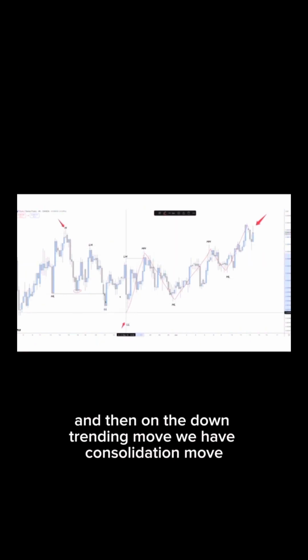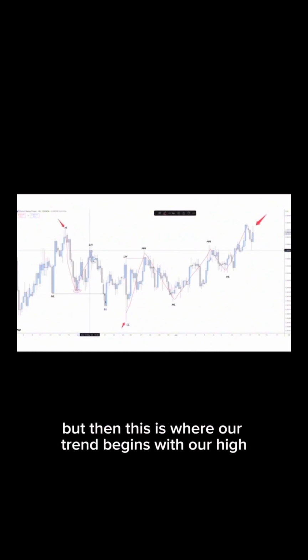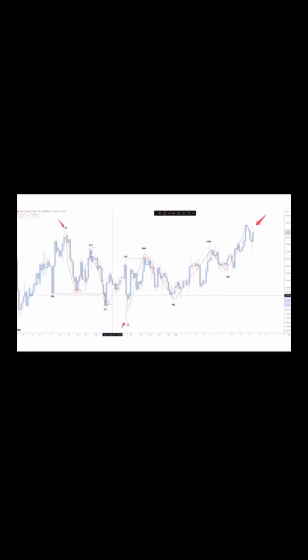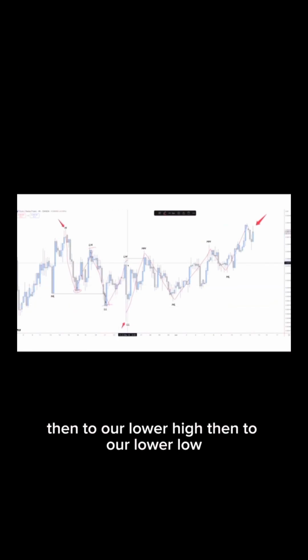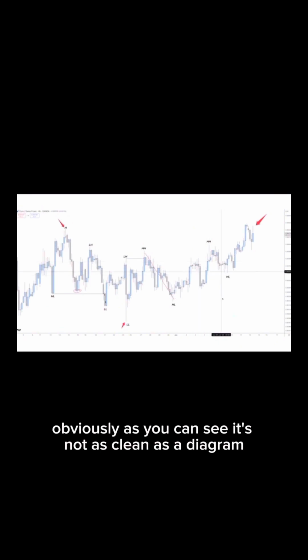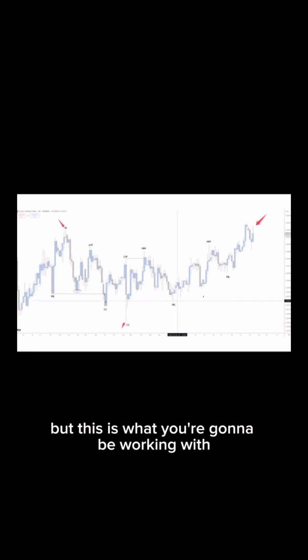Then on the downtrending move we have a consolidation move, but then this is where our trend begins with our high down to our lower low, then to our lower high, then to our lower low. So that's an idea of structure mapped on a real chart. Obviously, as you can see, it's not as clean as a diagram, but this is what you're going to be working with.